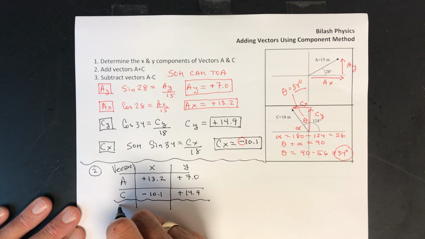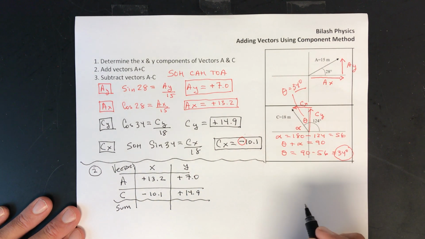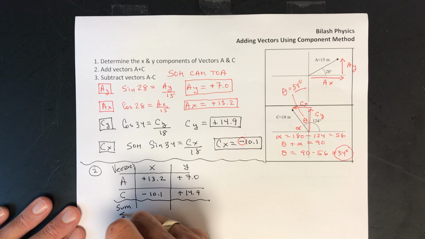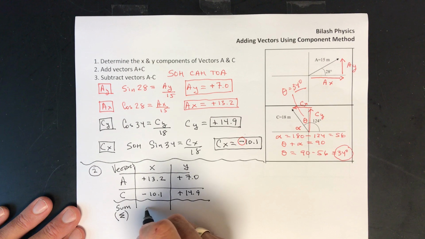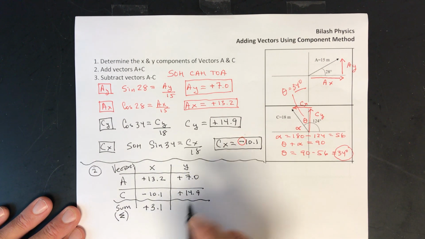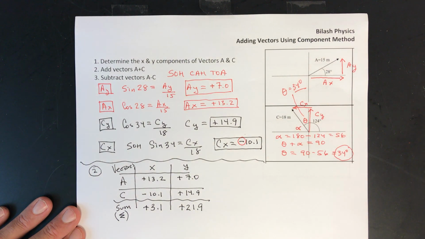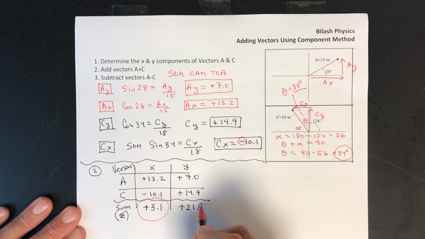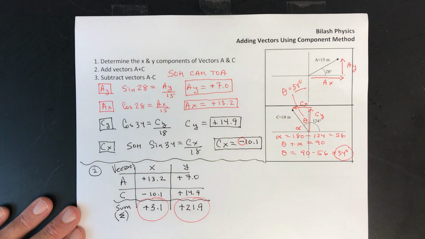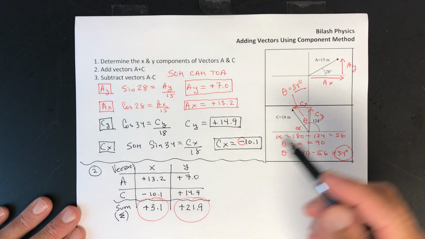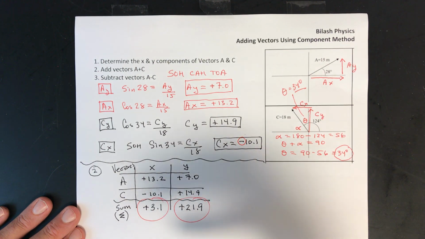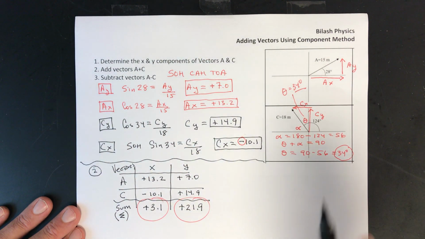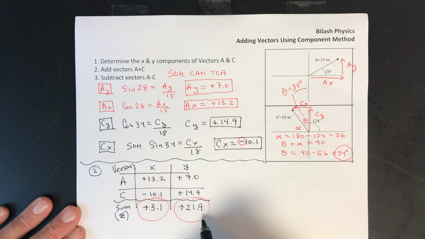And here this will be the sum, sometimes symbolized with sigma. If I add these, I end up getting plus 3.1 and plus 21.9. These are the 2 values that describe the resulting vector. So when I take these 2 vectors and add them together, I'm going to get a new vector overall, and these are the components.